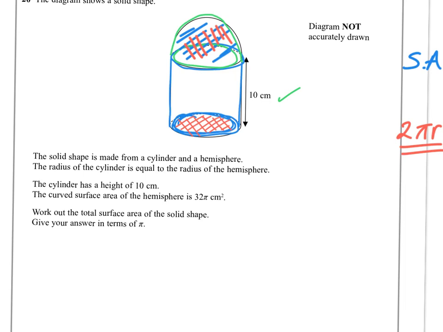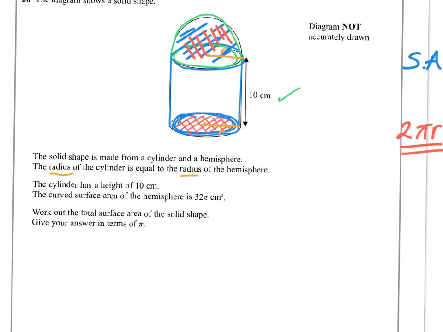Work out the total surface area of the solid shape. Give your answer in terms of pi. Well, you may be wondering what this distance is from here to here. Now we know the radius of the hemisphere is the same as the radius of the cylinder because it tells us that.